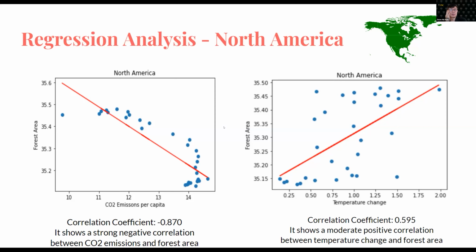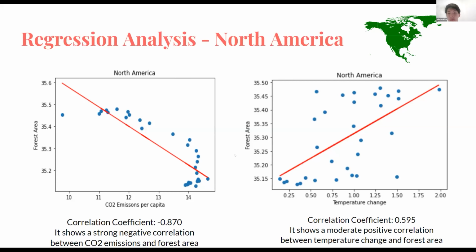So what does this graph mean? That an increase in CO2 emissions could lead to a decrease in forest area. Yeah, so when you decrease the forest area, then CO2 emissions per capita are going to increase, right?